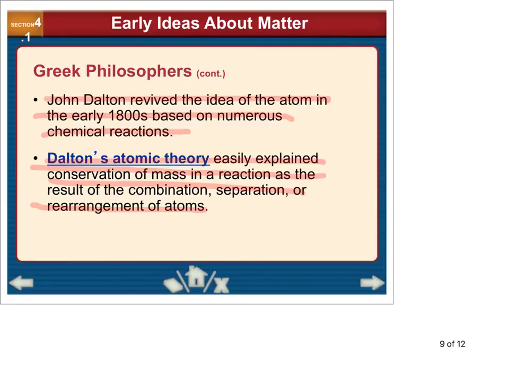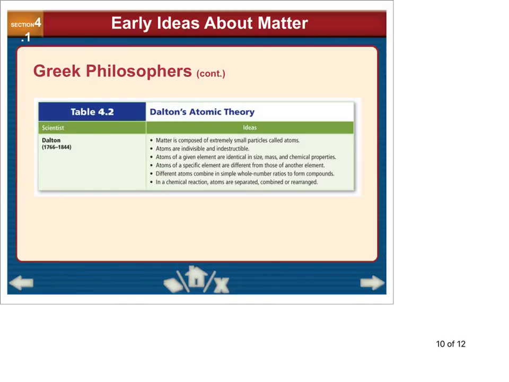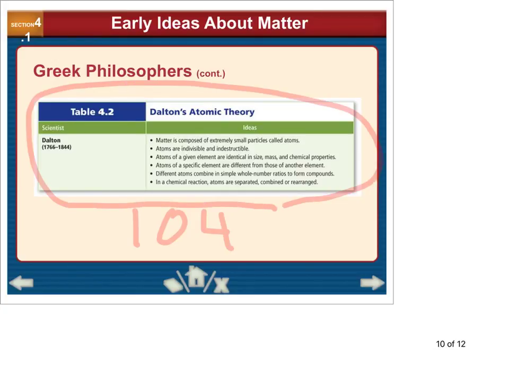He had evidence, and it explained the conservation of mass as the combination, separation, and rearrangement of atoms. This table 4.2 you'll find on page 104 in your textbook. It gives the basic ideas of his atomic theory, and you'll want to have these written down.